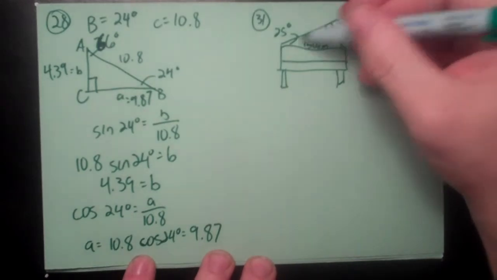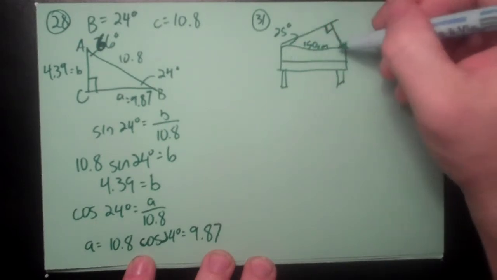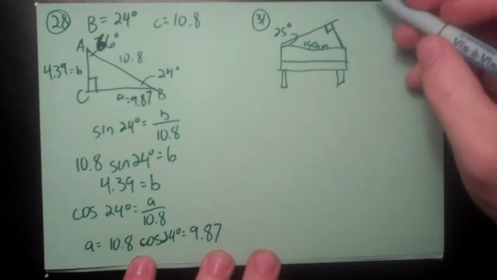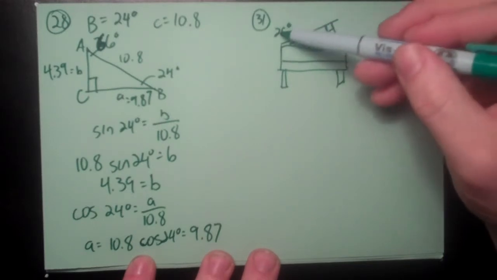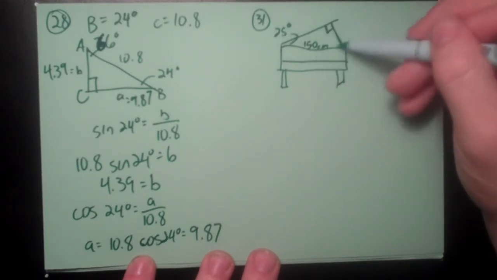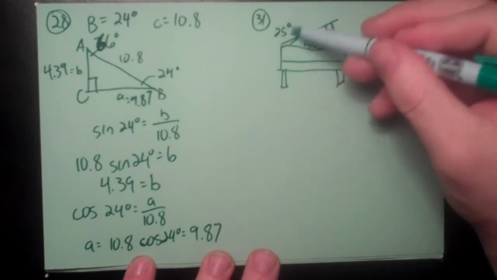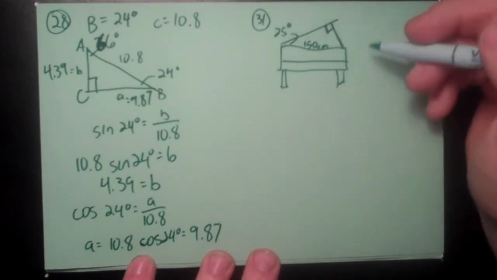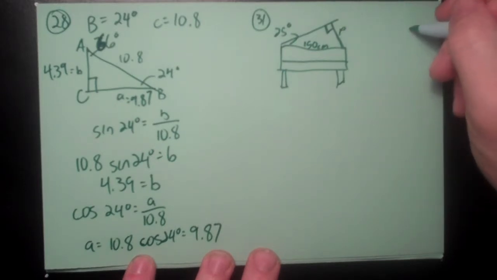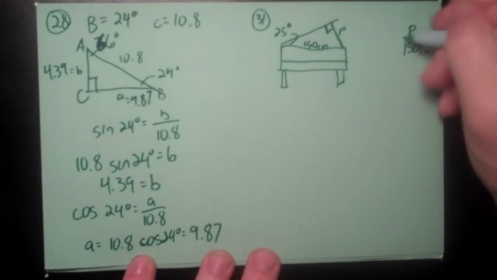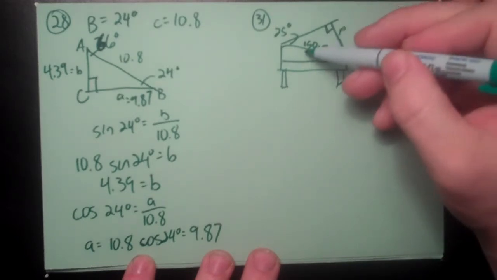Well, this is just a right triangle, 90 degrees there. So let's see. We've got the hypotenuse, got this angle, and this is the side we want. This is the side opposite this angle, so opposite over hypotenuse. Let's call this P for prop. The prop over 150 centimeters is equal to opposite over hypotenuse.